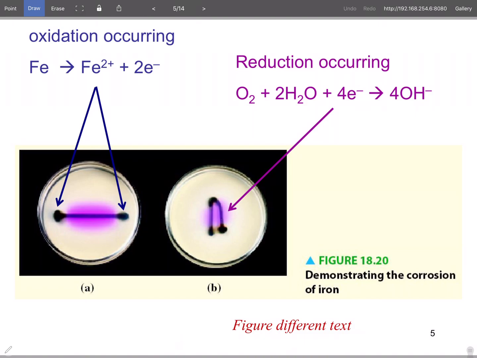Now, this is actually kind of a cool slide, because it shows you that as the reduction occurs, this is agar plated out with phenolphthalein. And so you get the formation of the pink area where the rust is occurring, because oxygen is reduced to the hydroxide. Anyway, that's just a cool slide.